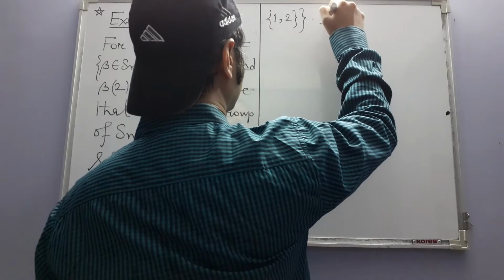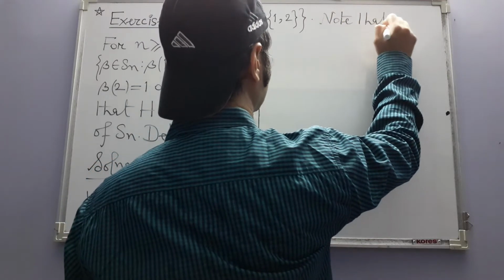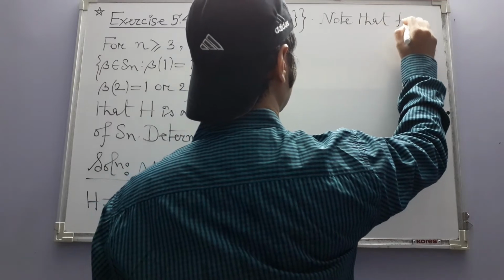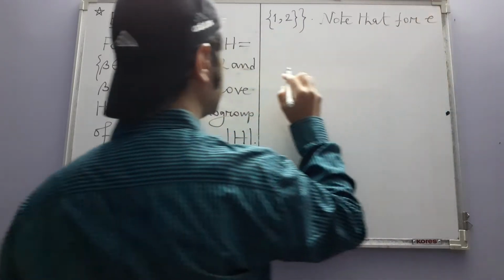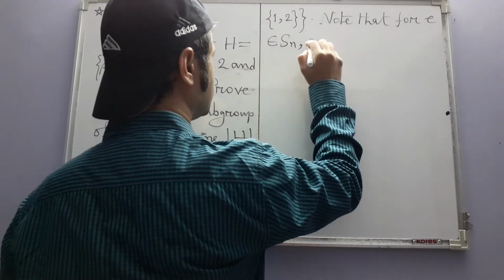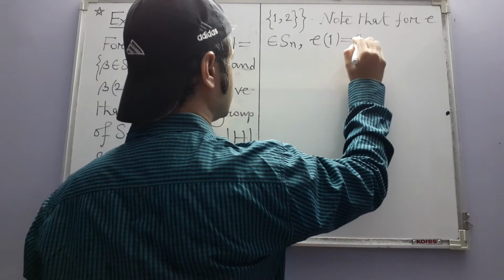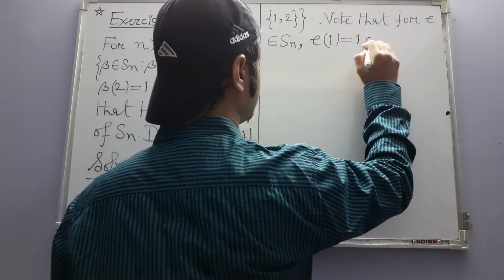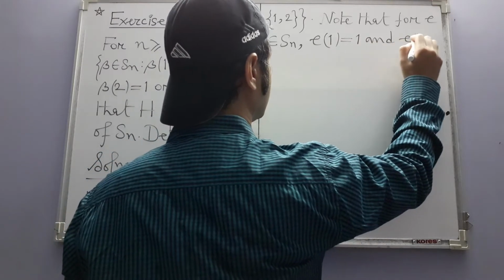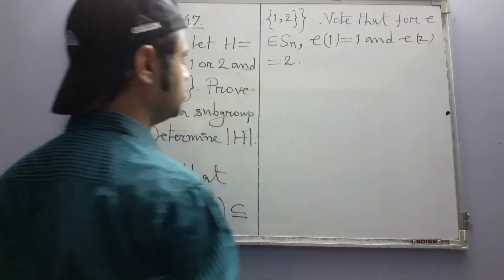Note that for the identity permutation E in Sn, because it's the identity map, E of 1 is 1 and E of 2 is 2.